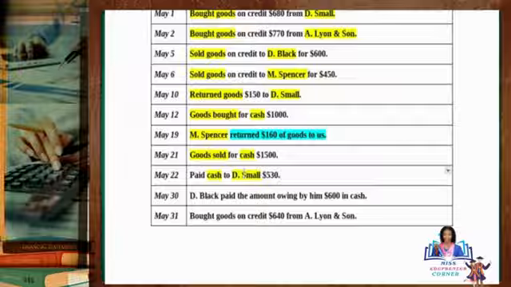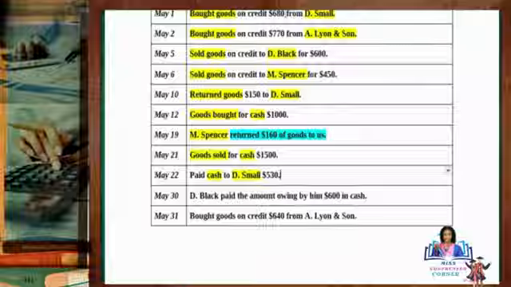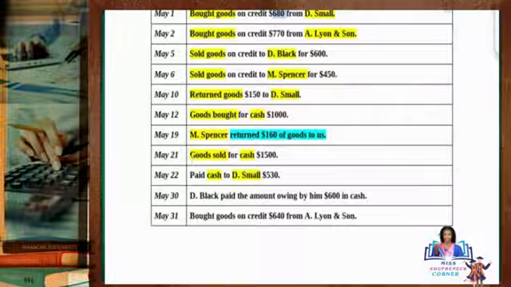And then we need to debit D Small's account to show that the business now owes D Small less, seeing that the business would have taken goods from D Small valued at $680, but they made a payment on May 22 of $530. So we're going to credit cash and debit D Small.